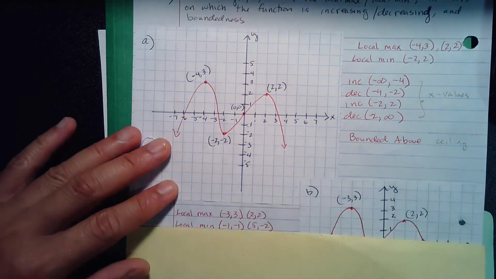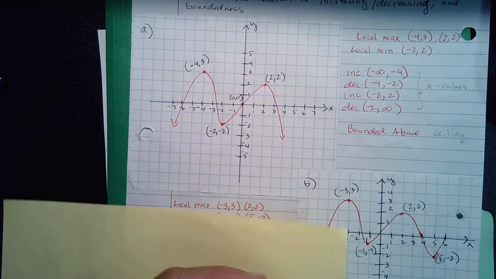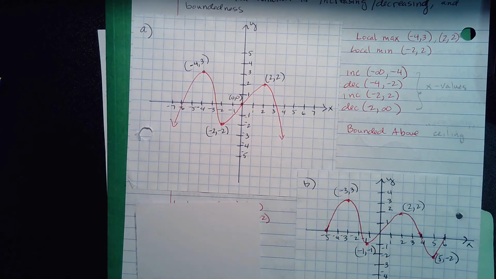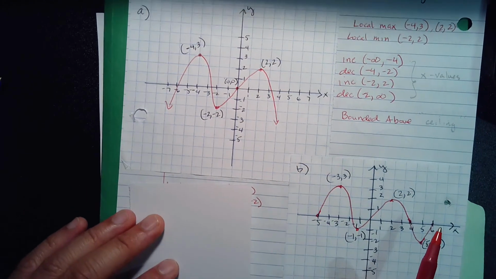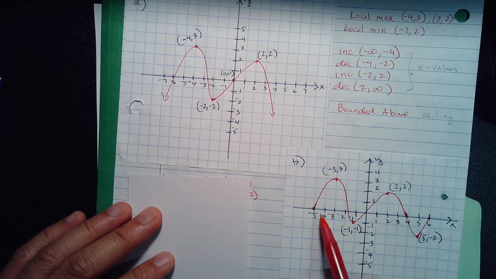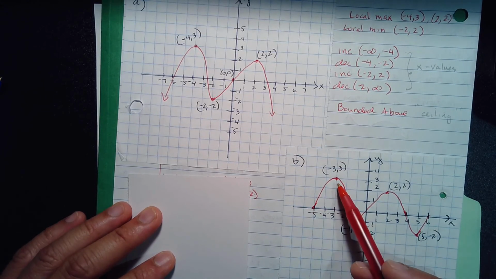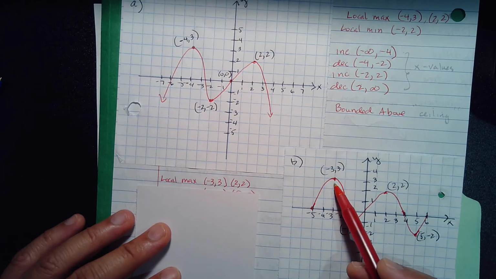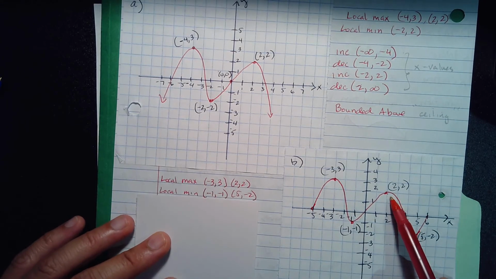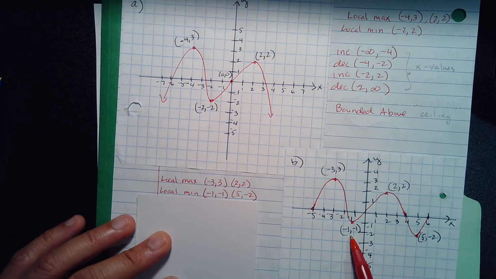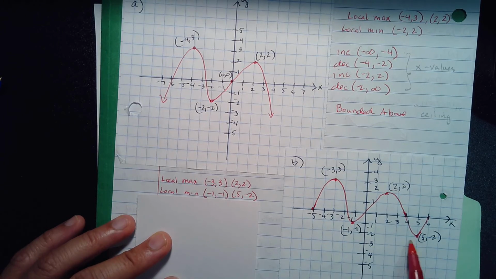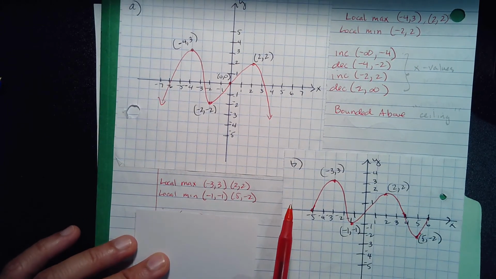Alright, next, part B. Here's our next graph; notice there are no arrows here. So the local max would be (-3, 3) and (2, 2). The local min would be (-1, 5) and (5, -2). Those are the local mins.